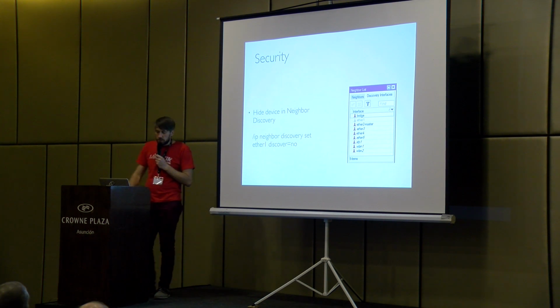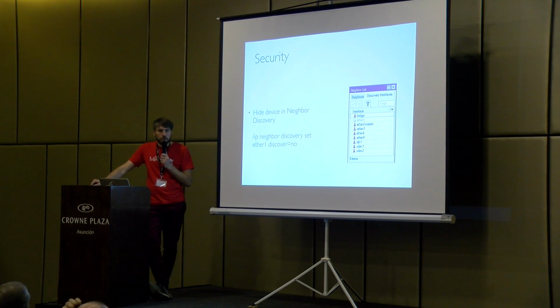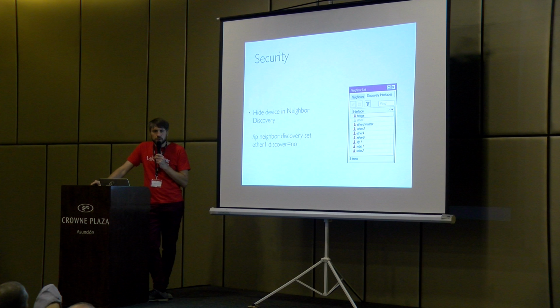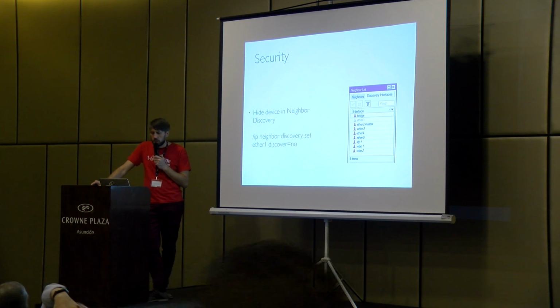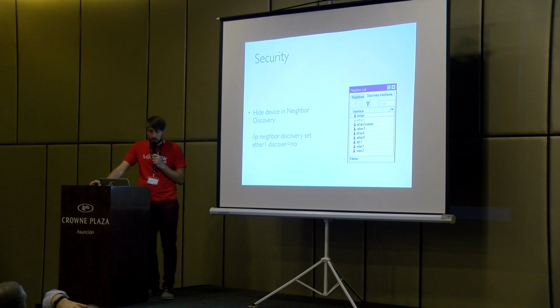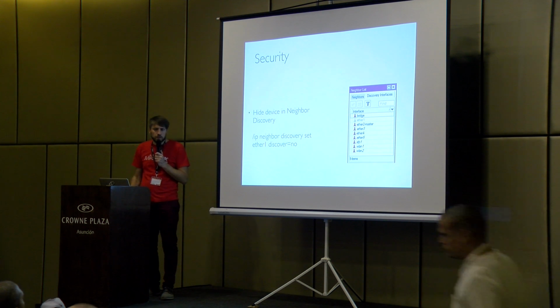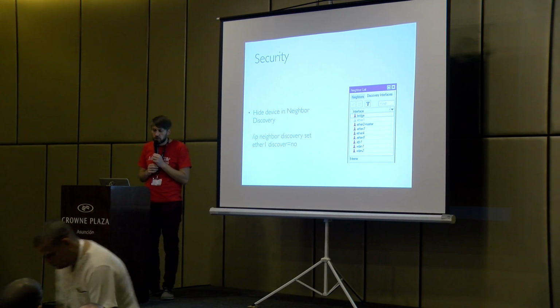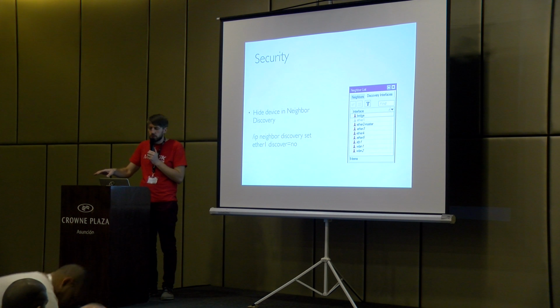The next thing is to hide your device from neighbor discovery. By default, on local interface, neighbor discovery is enabled for all the devices in the network. If it is your trustful network, it is usually useful to see what kind of devices you have.